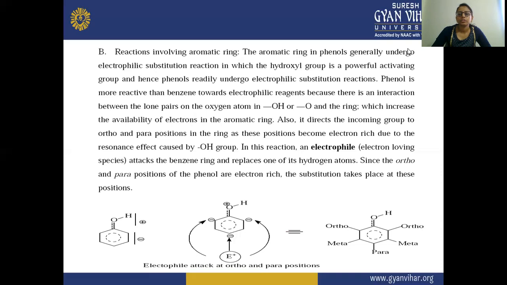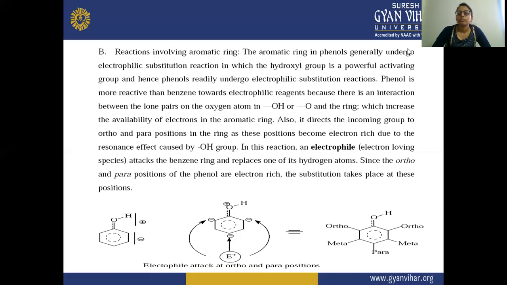In this reaction, an electrophile, an electron loving species, attacks the benzene ring. The electrophiles lack electrons, so they need electrons and attack the benzene ring where there are more electrons, which has the electron donating capacity.